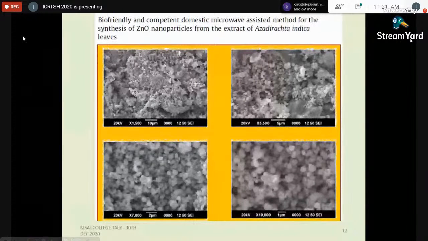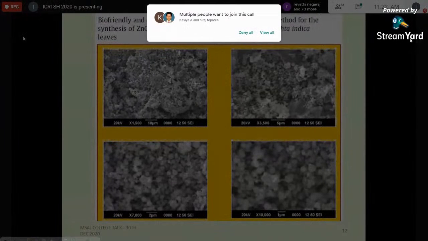So the methodology is the same, like ZnO nanoparticles, and also the same for the solution growth method. The conversion of macrocrystals to nanocrystals, or nanoparticle preparation, differs with different elements. So: bio-friendly and competent domestic microwave assisted method for ZnO nanoparticles from neem leaf.